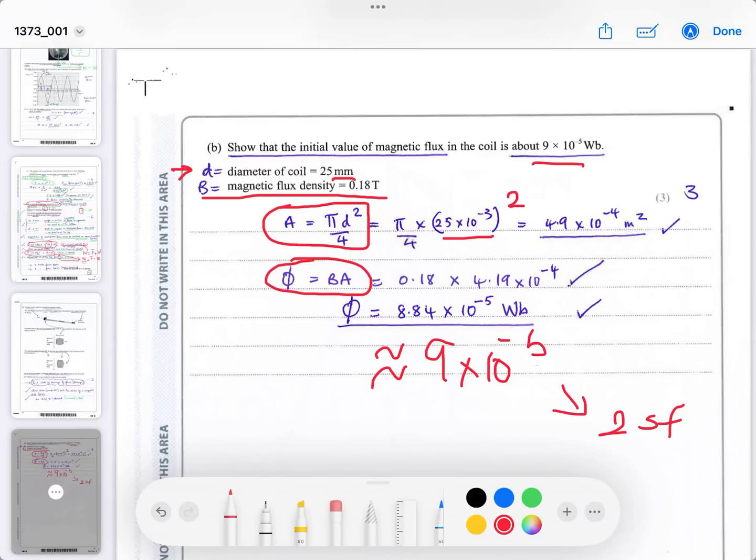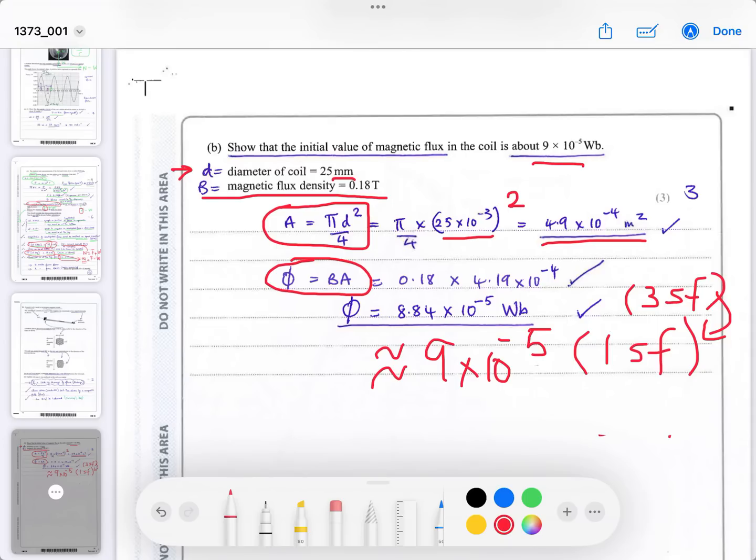So they only want it accurate to 1 significant figure. So we should put this to 1 significant figure. It's correct. So let me just rub this out, and here I've got my original answer to 3 significant figures. So it's good to show that you know how to convert it to 1 significant figure. Okay, I'm just checking that I've got the area right. I did. The area is calculated correctly according to the mark scheme.